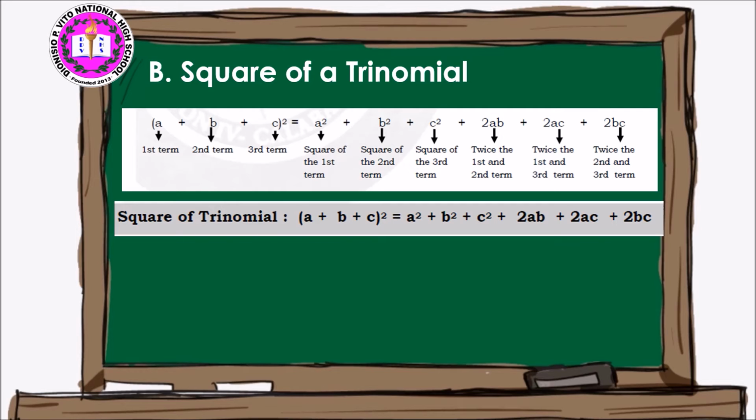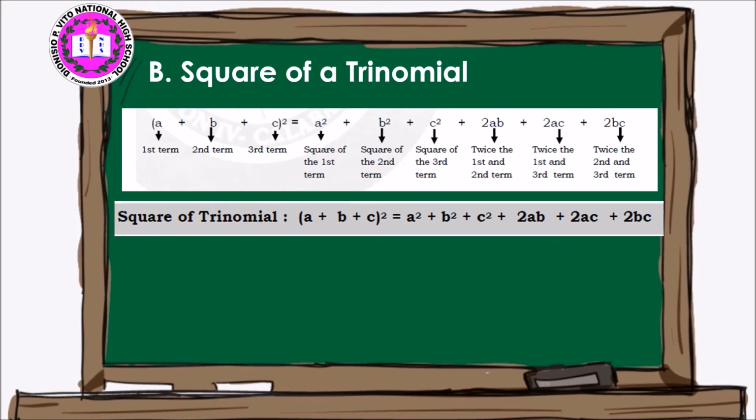a², the square of the first term, plus b², which is the square of the second term, plus c², which is the square of the third term, then twice the first and second term, so we have 2 times a times b, plus twice the first and third term, so we have 2 times a times c, plus twice the second and third term, so we have 2 times b times c.